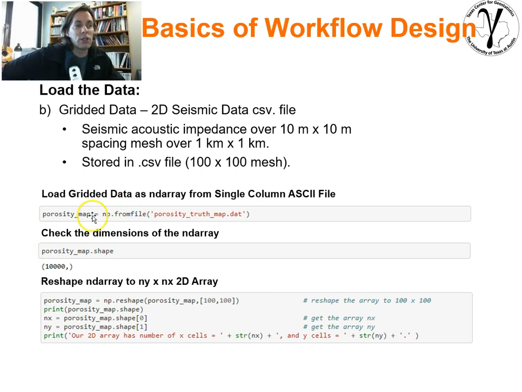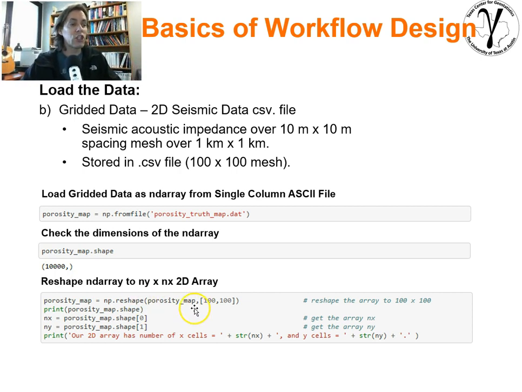In that case, you can use the numpy fromfile command to load that single column into an array. Once you've done that, this is a one-dimensional ndarray. If you check the shape of it, you'll see it's 10,000 by nothing.